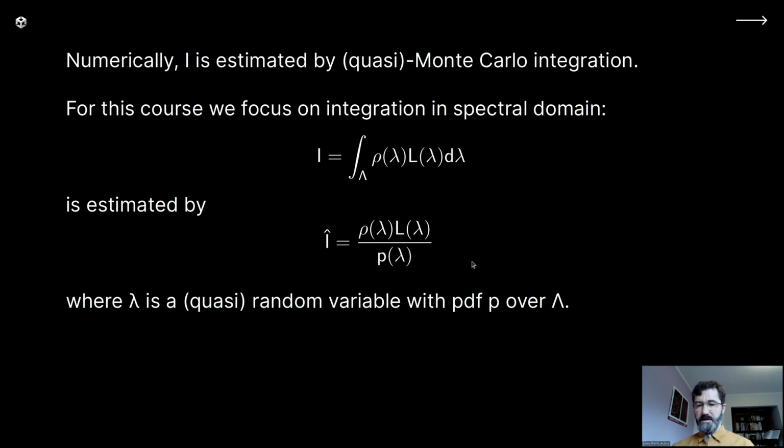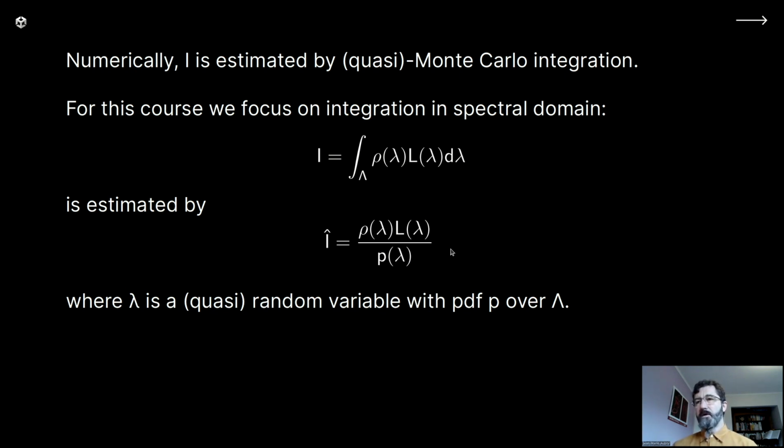And that has the advantage of making convergence much faster. It complicates the analysis a little bit, but if we write just the one-sample estimator, then whether this sample came from Monte Carlo or quasi-Monte Carlo doesn't matter.